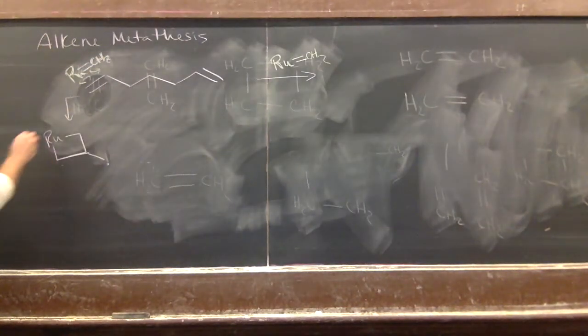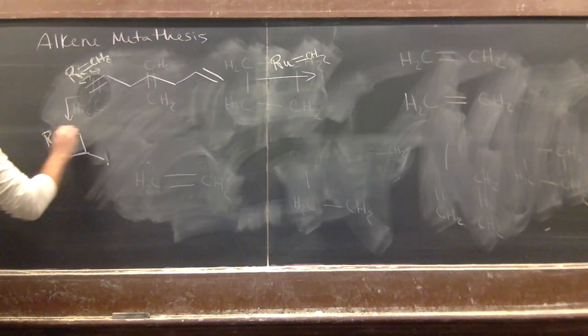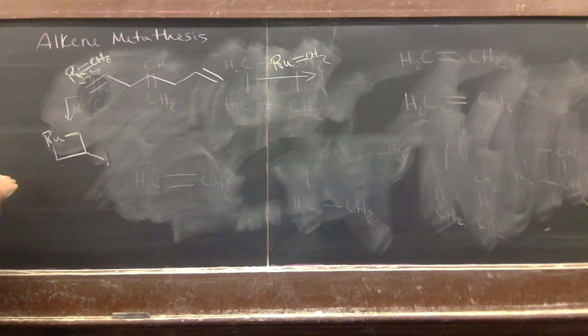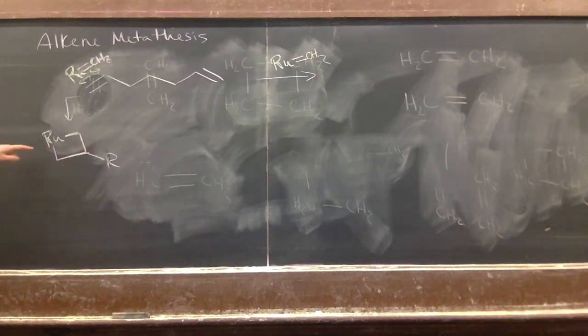If we do that 2 plus 2, we're going to end up with, I'm just leaving out the carbons at this point, going back to line angle notation for the time being, and I'll put an R group here for everything else that's left over. But if we go this pathway, we can go the 2 plus 2 this way. Where's that going to lead us? Back to the starting material.